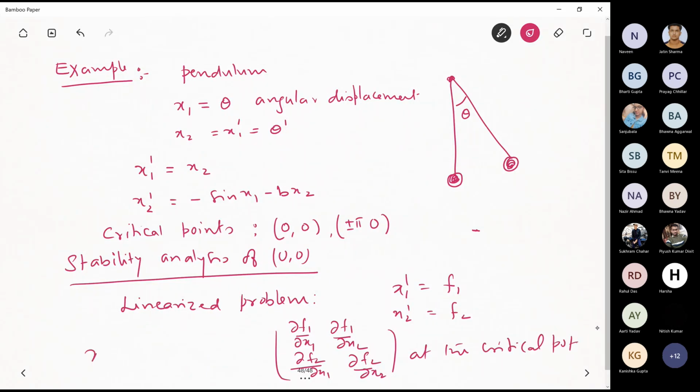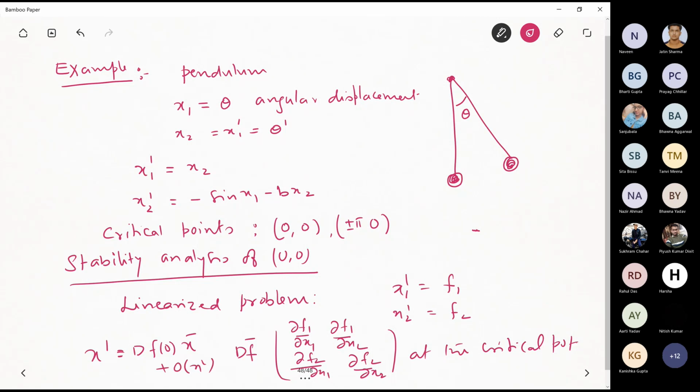And the system becomes x prime equals this matrix, call it Df at 0, times x plus the terms of order x squared.